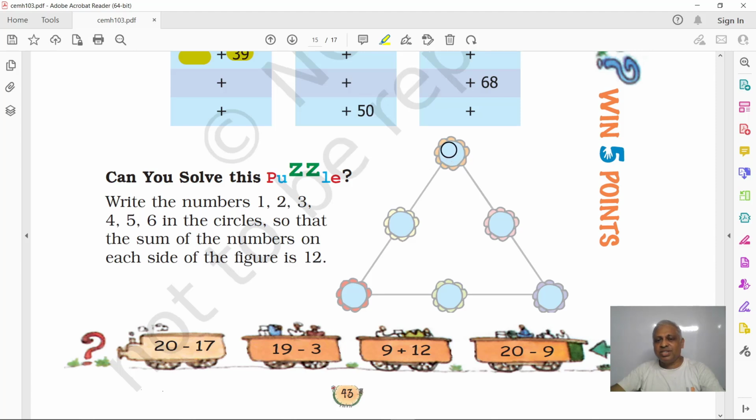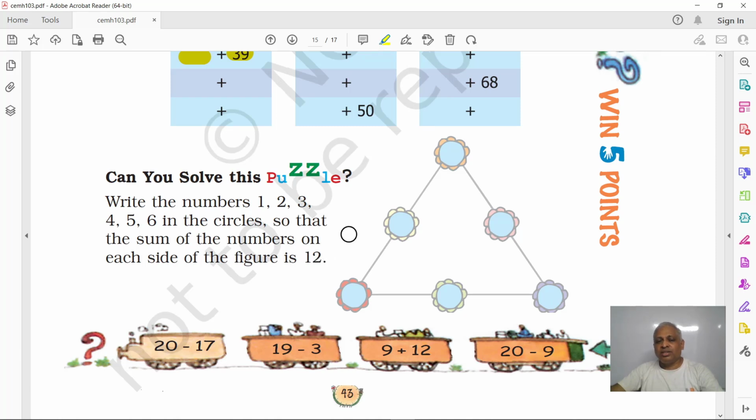So we got how many circles here? 1, 2, 3, 4, 5, 6. 6 circles. We have 6 numbers, right? 1 number in each circle. So the condition here is, if you add each side, any side, the total should be 12.